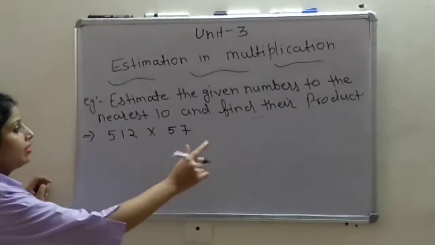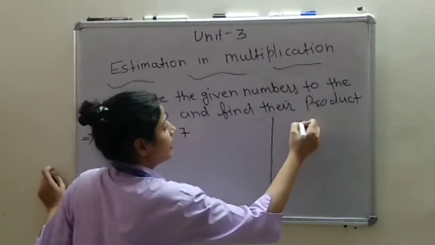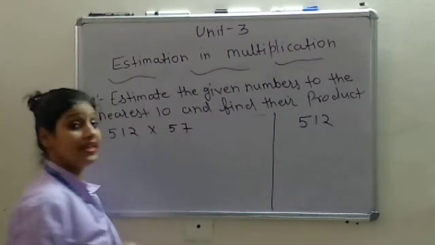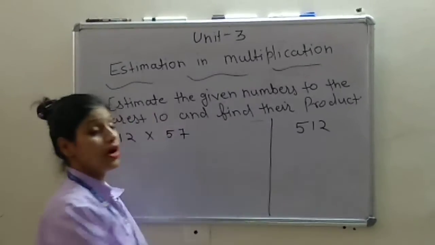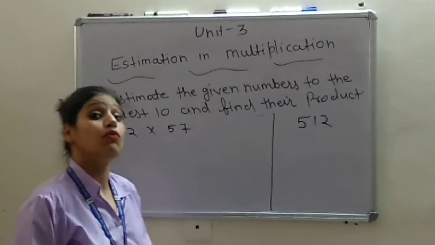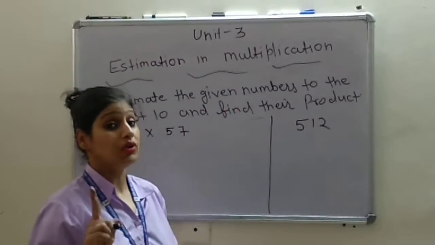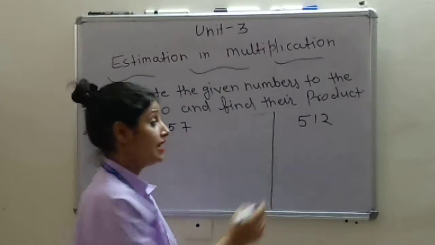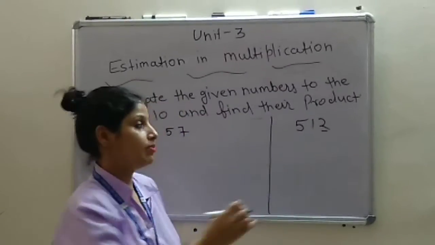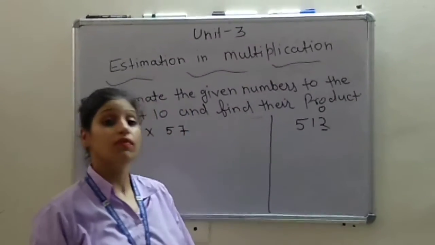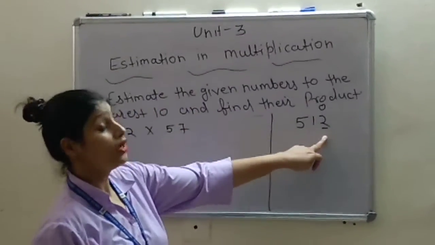Now children, let's see some rough work. 512 is the number. Now I have to round it off to the nearest 10. And what was the rule? The rule was when you are rounding off any number to the nearest 10, you will be checking its ones place. This is the ones place of 512, which is 2.